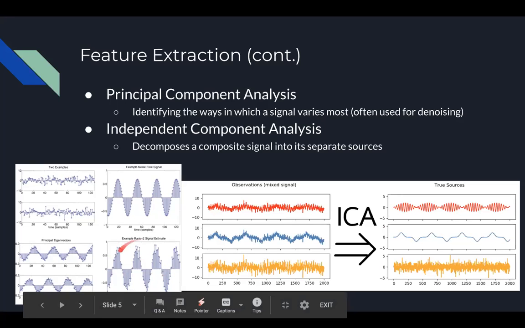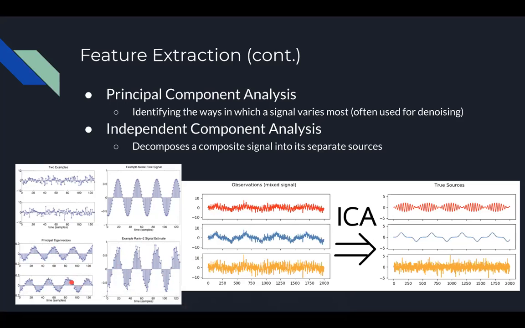Like this second one over here, is this a different example? Oh yeah, over here. On the top we have the principal eigenvector, the first one, and this is the second one. You can see how the first one is pretty much a sine wave. This one's also pretty much a sine wave, but there's a lot of noise in the data. So the PCA can handle that a lot better, from what I hear, than a Fourier transform.